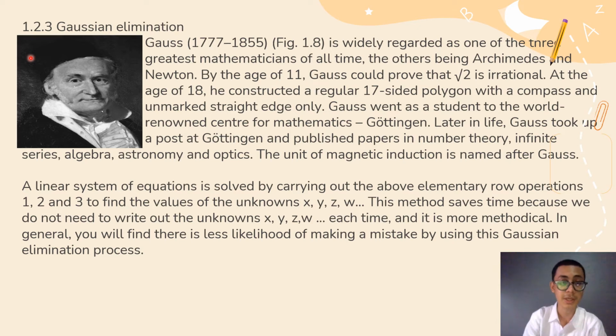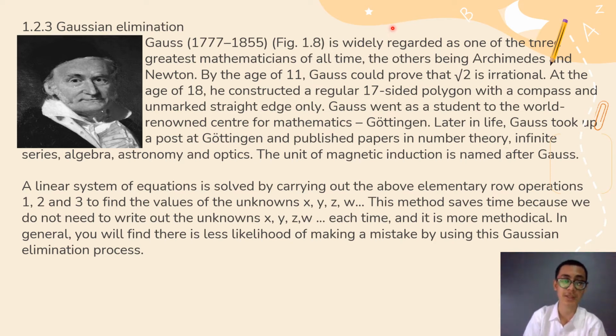1.2.3 Gaussian elimination. Gauss, born in 1777 and died in 1855. This is his picture, widely regarded as one of the three greatest mathematicians of all time, the others being Archimedes and Newton. By the age of 11, Gauss could prove that the square root of 2 is irrational.